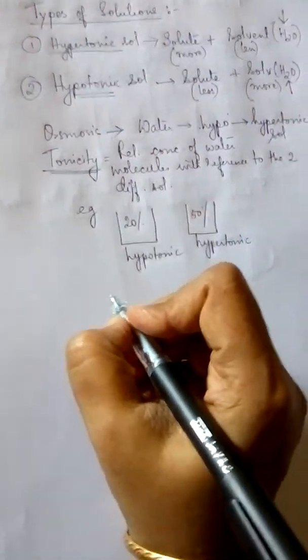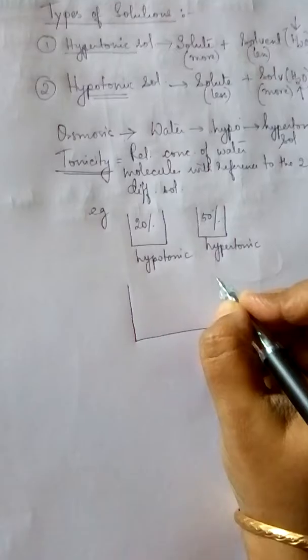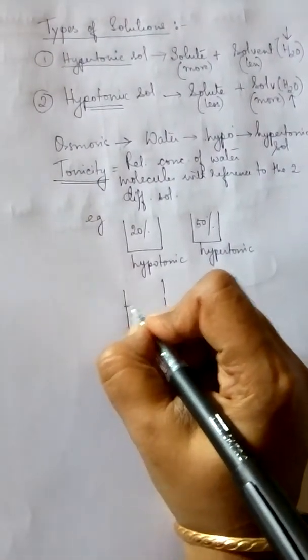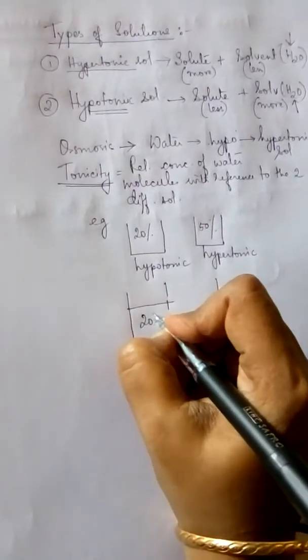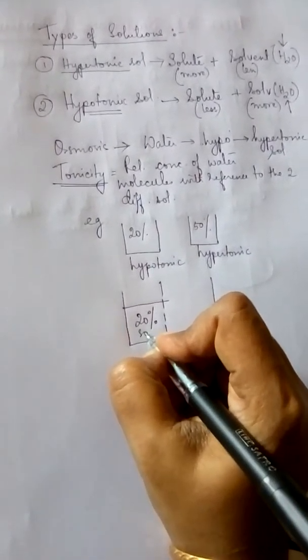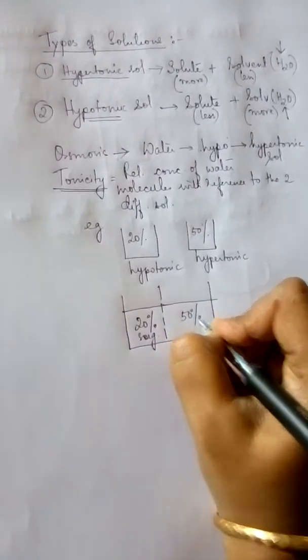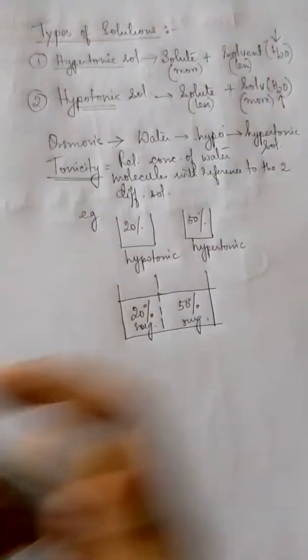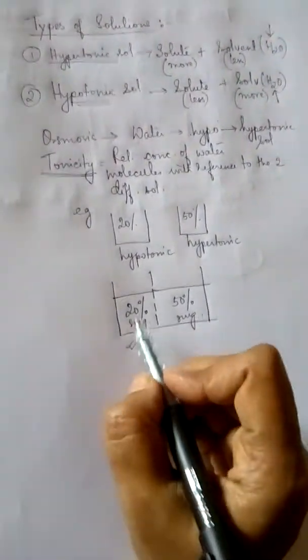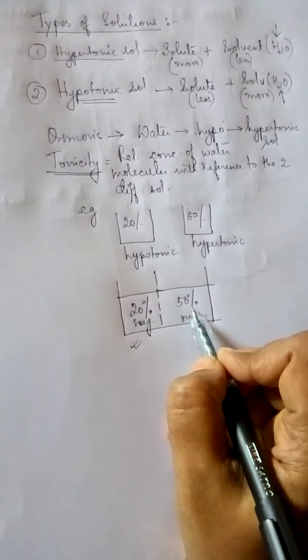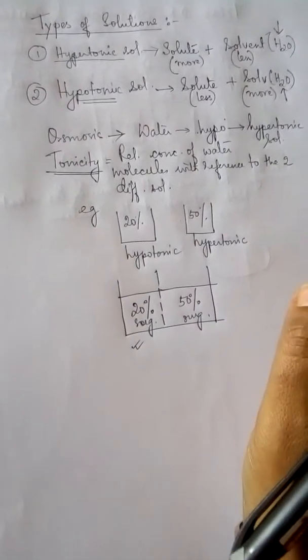Now suppose I take a chamber and I separate it by a semipermeable membrane. In the first chamber I put the 20% sugar solution, and in this chamber I put the 50% sugar solution. So where is the potential of water more? Definitely in this chamber, because it is 20% sugar and the rest, 80%, is water, while over here 50% is sugar and the rest 50% is water.